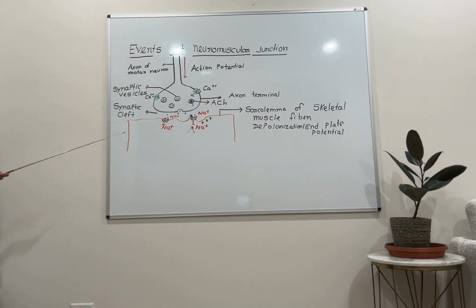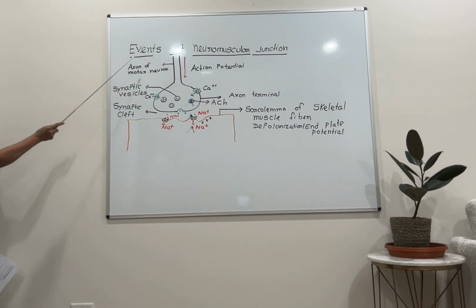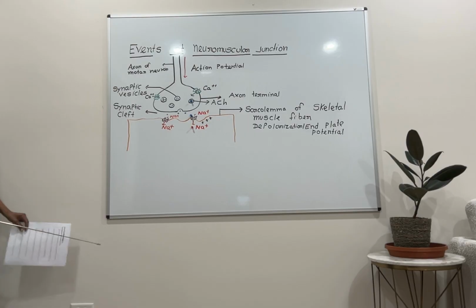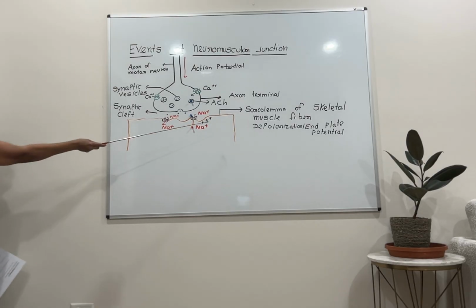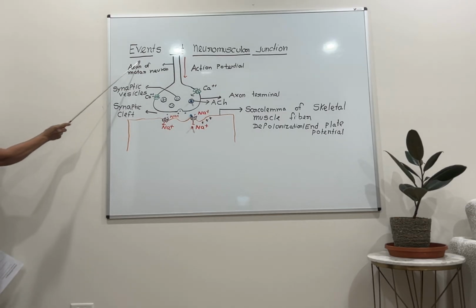We are walking, talking. All these events of neuromuscular junction are occurring during our walking, talking, writing, any activity which includes a skeletal muscle fiber. Now we will discuss the contraction in the next video.